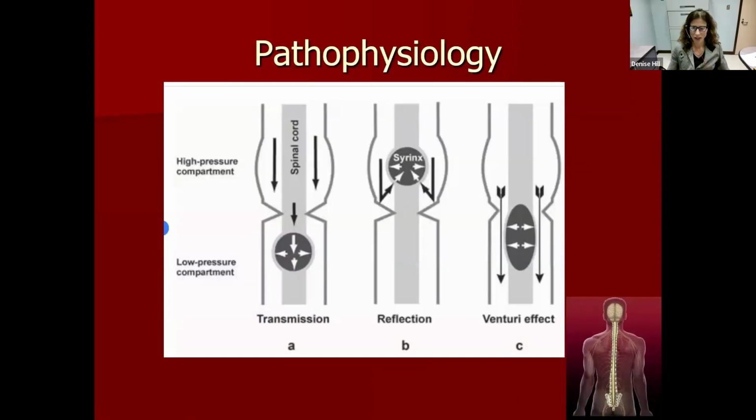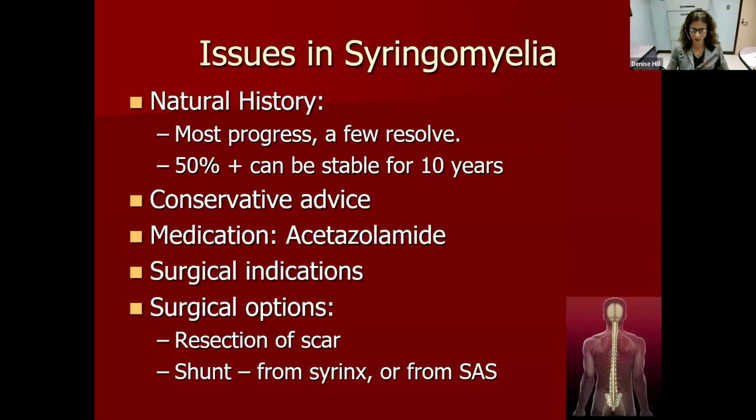This is a schematic just showing how we've tried to imagine the physics of how a syrinx, which is fluid in the cord, becomes a problem. I'm going to leave it at that because some of it's theory. We don't 100% understand why syrinxes develop. But we have some suggestions later that reflect some of this conceptualization.